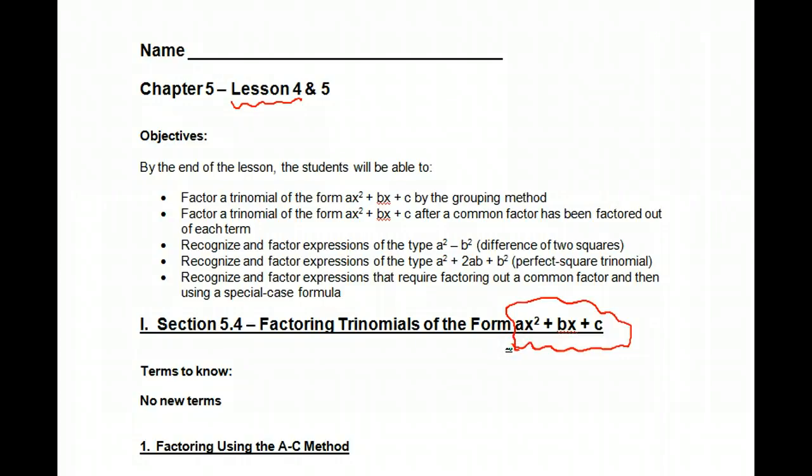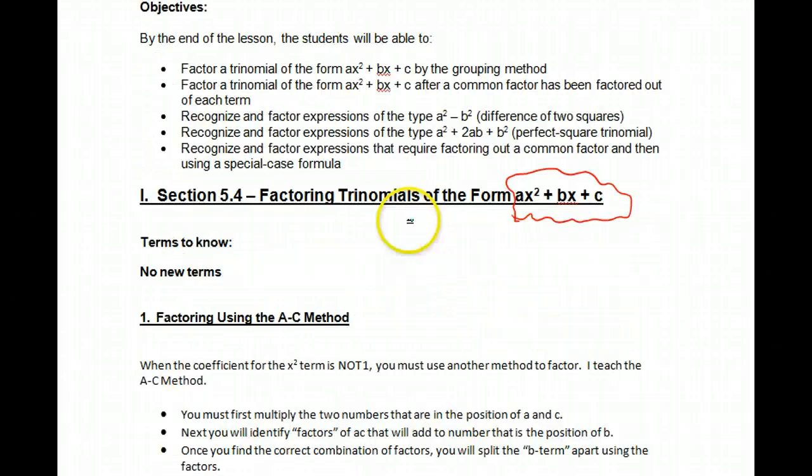Whomever your professor is will likely pick up and have an expectation that you know how to factor this type of quadratic. So I do feel that I should teach this content to you. However, it will not be on a test or quiz.